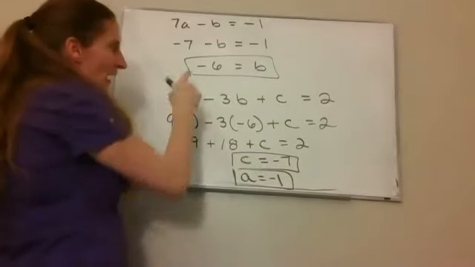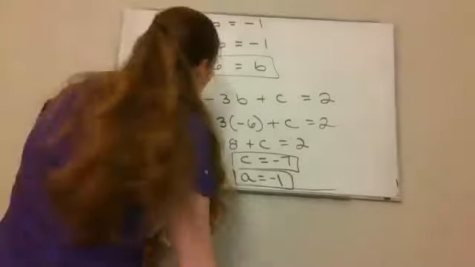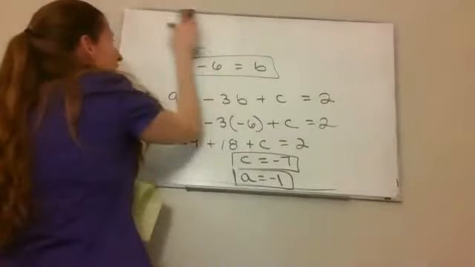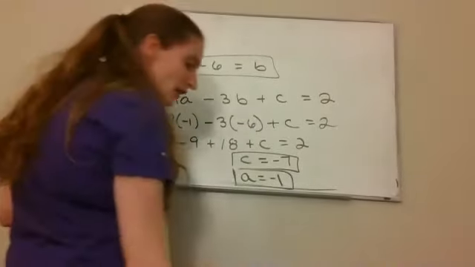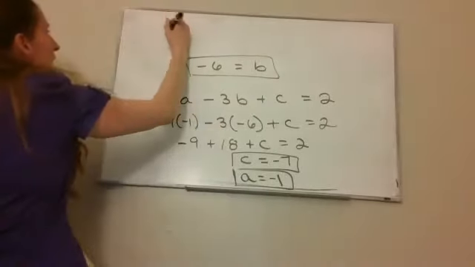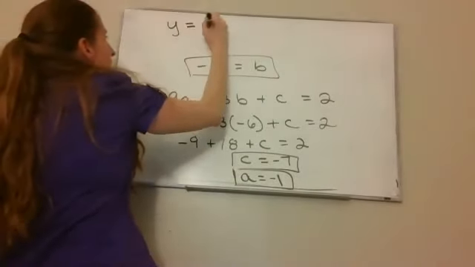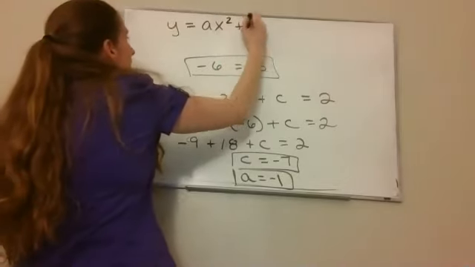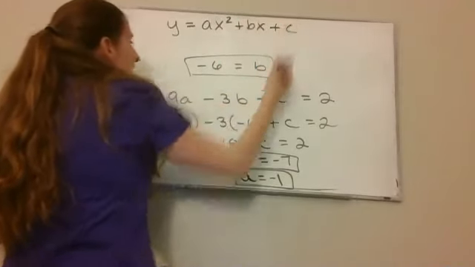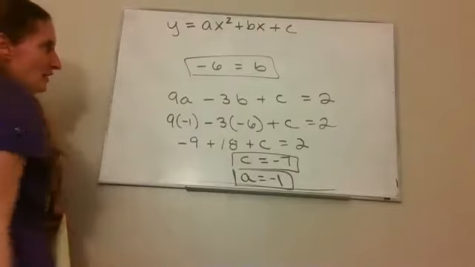So now I have a, b, and c. But the question was asking me for the equation of the parabola that goes through those 3 points. And it said my parabola should look like ax squared plus bx plus c. But now we know a, b, and c.